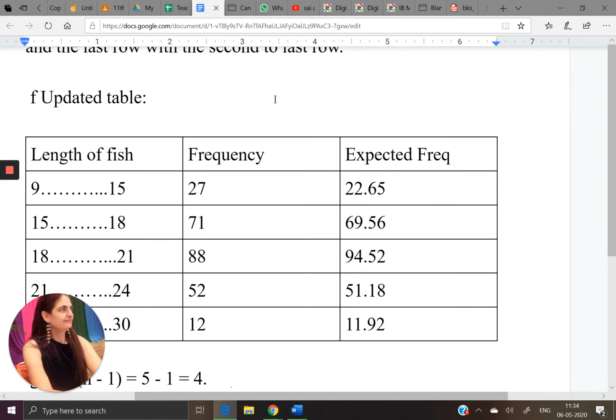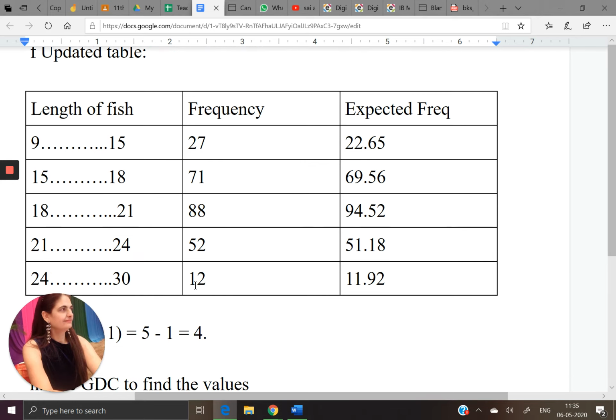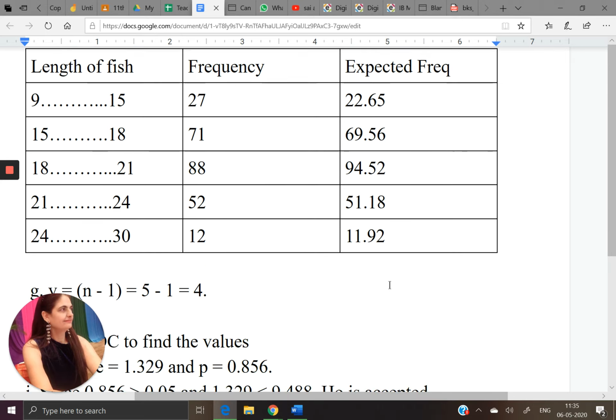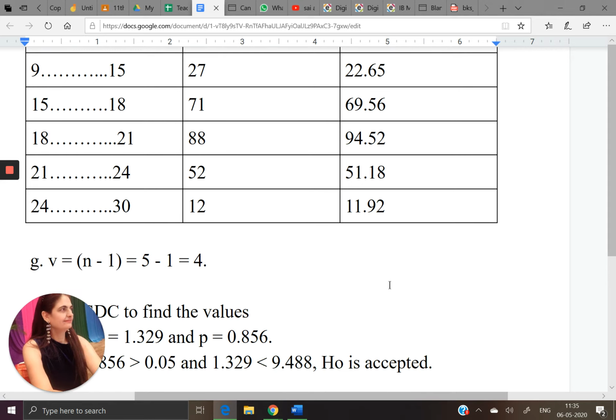Similar steps what you have used before for the previous table, you will use here and you will get your expected frequency. So the rest of the things will remain the same. Only first and second which you have added, and the second last and the last when you add, it becomes a 12. So you change the number in the GDC and you will get the answer as 11.92 as your expected frequency.